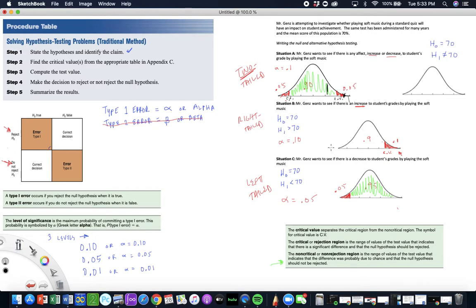I would suspect in this particular case that playing soft music has a positive impact or increases students' grades, and I would reject. Again, that's why it's called the rejection region. I would reject the null hypothesis and state that I think there's a legitimate chance that playing soft music in this particular case has a positive effect on students' grades.